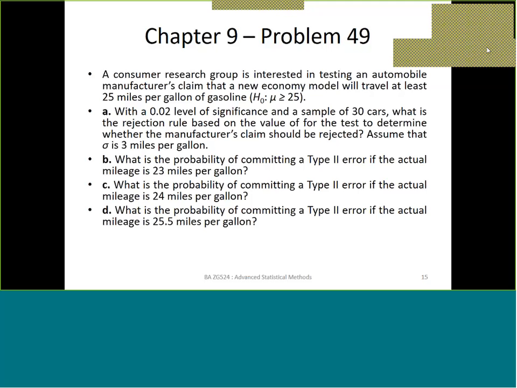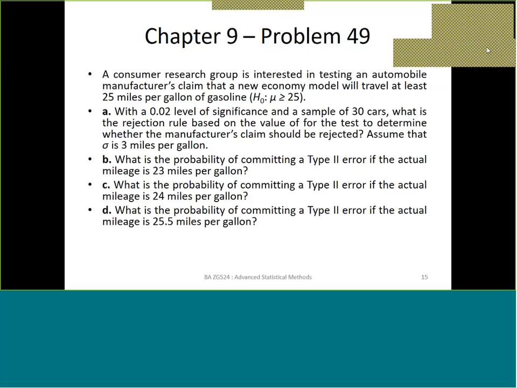We tested single population mean, with sigma known case and with sigma unknown case. We tested single population proportion with large sample size. After that, we tried to calculate the probability of type 2 error, and also we tried to calculate sample size. So let us try these two models for a while.